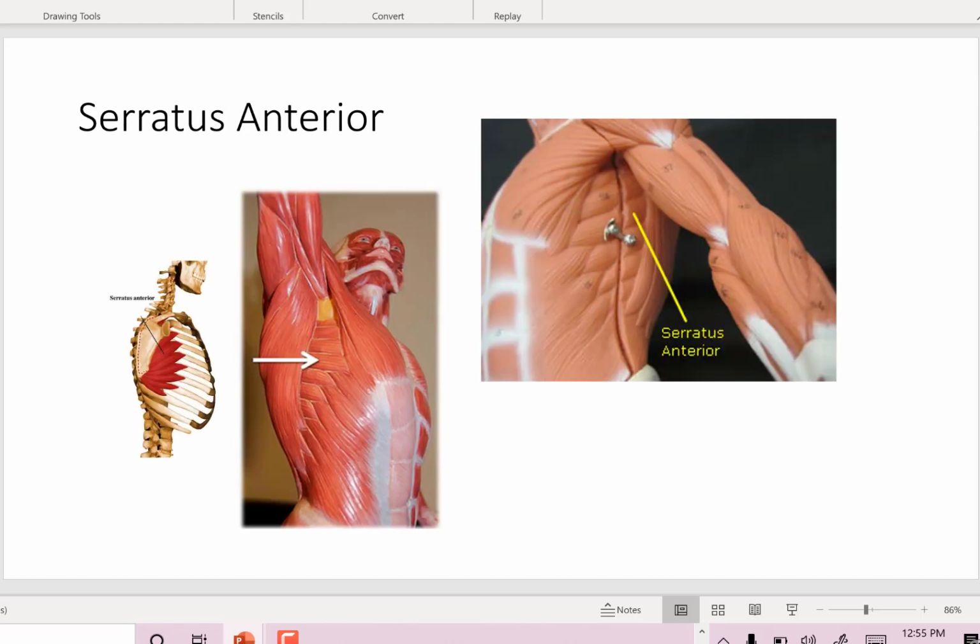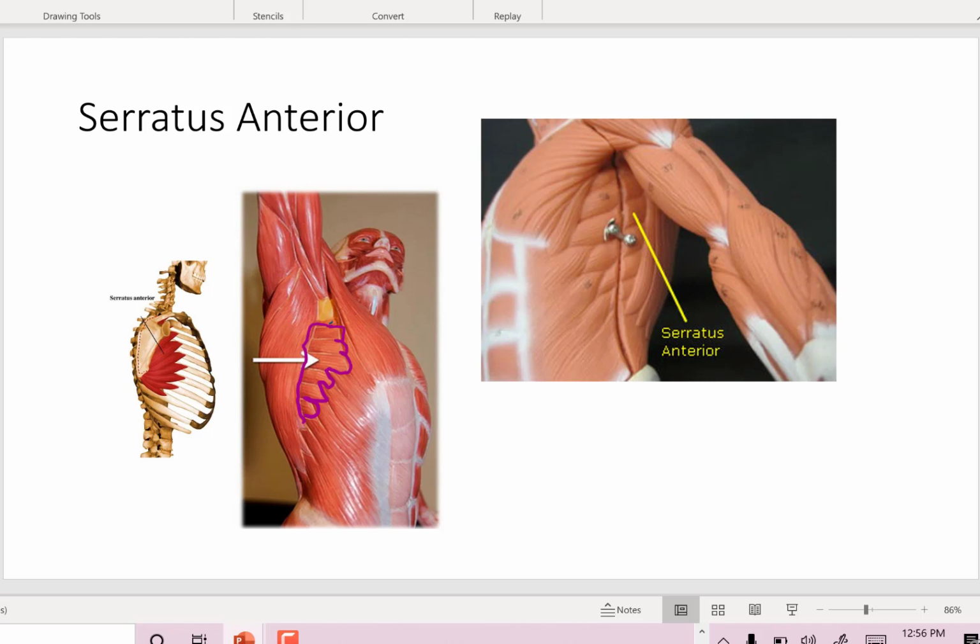Our next muscle is the serratus anterior. Sometimes this is called the boxer's muscle. The serratus anterior is called that because it looks serrated like a knife, sort of with these scalloped edges that I'm highlighting here. So all of this is the serratus anterior.